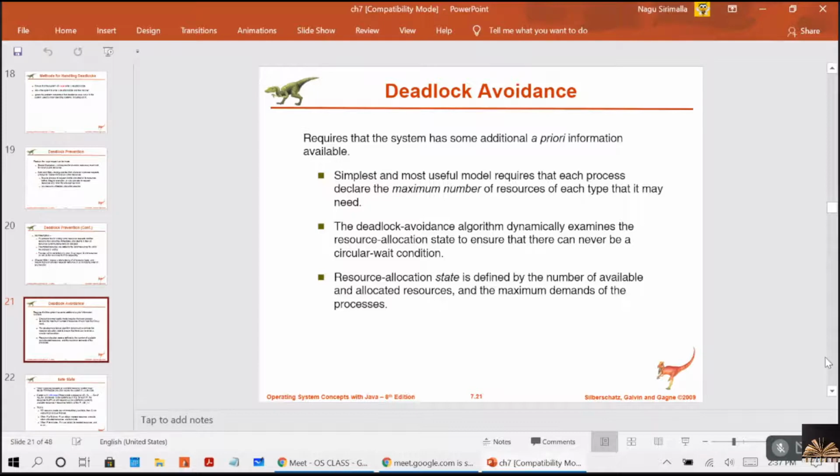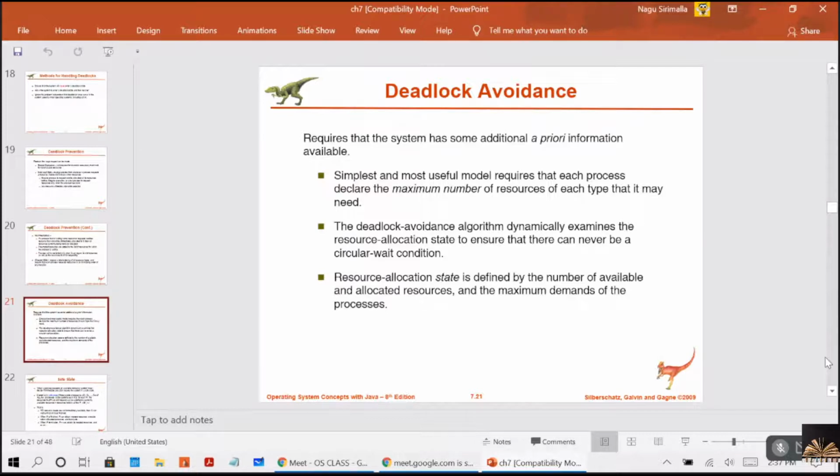With this information, the operating system can decide for each request whether the resource will be granted immediately or the process should wait for resources. Having all the information, the OS will decide whether granting the request will lead to a deadlock or not.